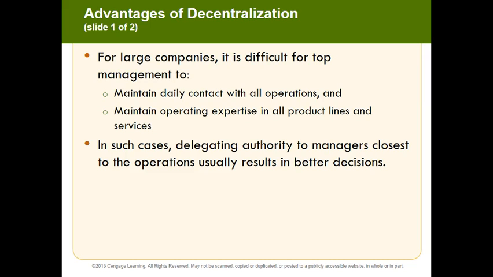It's also nearly impossible for them to have an operating expertise level in every product, service, and procedure in an entire organization. So, by delegating the authority to managers that are the closest to those operations, you can get better decisions that are more practical and realizable.